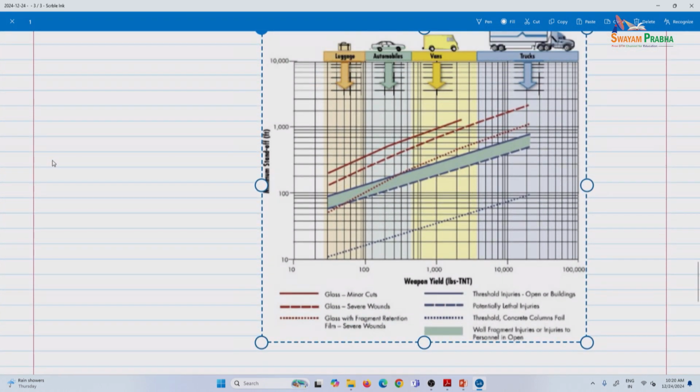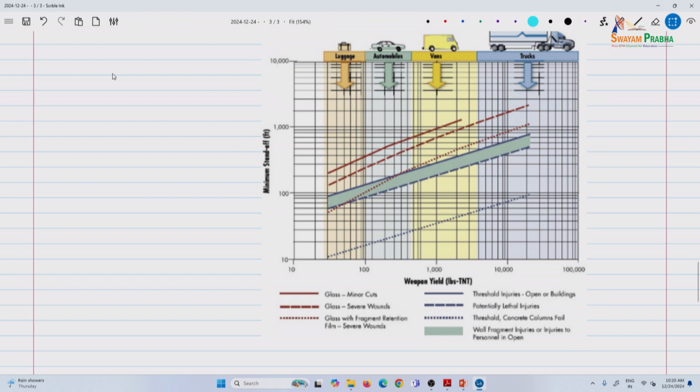Actually, I really like this chart. Here, and you were asking about standoff distances, you have the standoff distances, and then you have here the weapon yield in pounds of TNT.